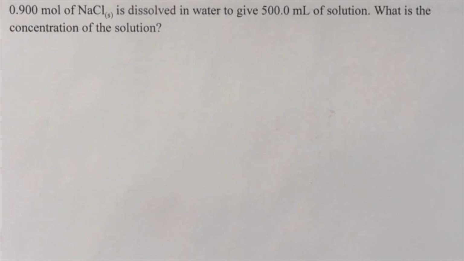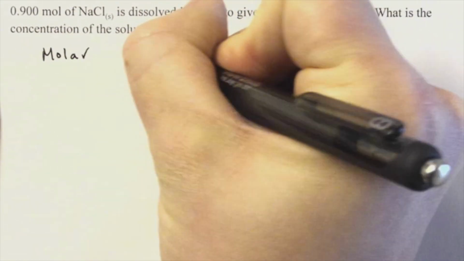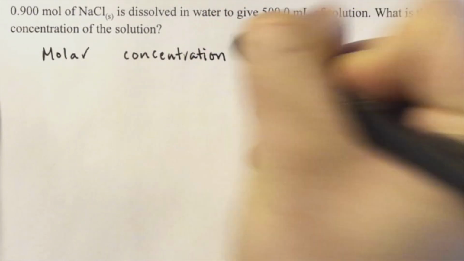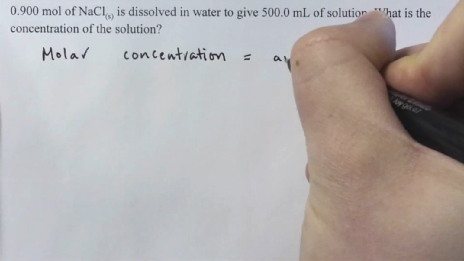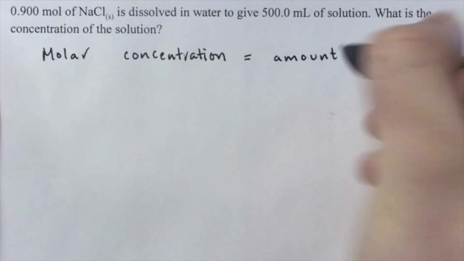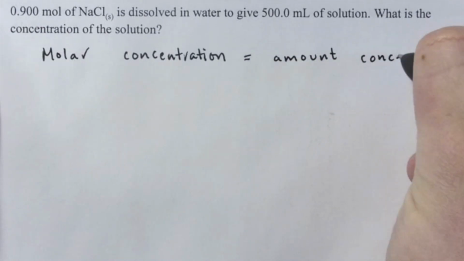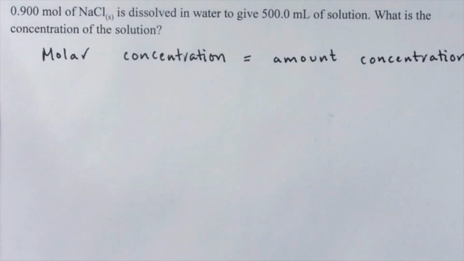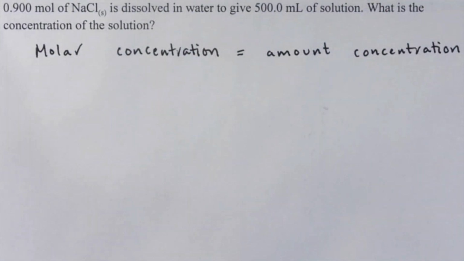And molar concentration is also known as amount concentration. So we're dealing with a molar concentration. So that's a concentration in moles per liter. You'll also see these given as amount concentration. So those terms are used interchangeably.